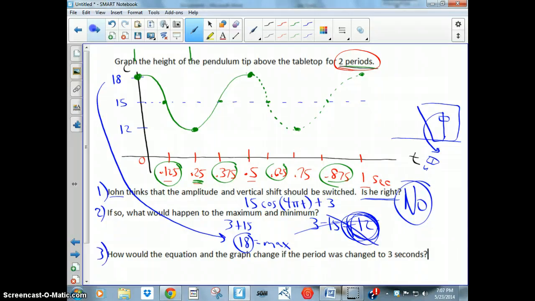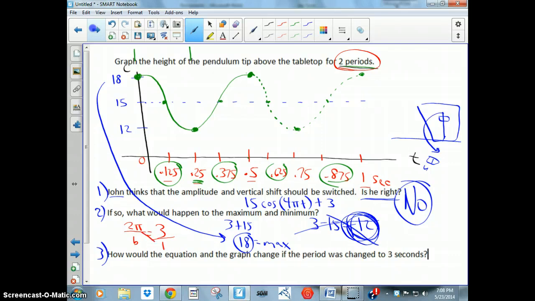Number 3. How would the equation and the graph change if the period was 3 seconds? Well, that's where you got to go back to that formula, people. The formula 2 pi over b equals the period. Well, if the period is 3, I put that over 1 and I solve for b.